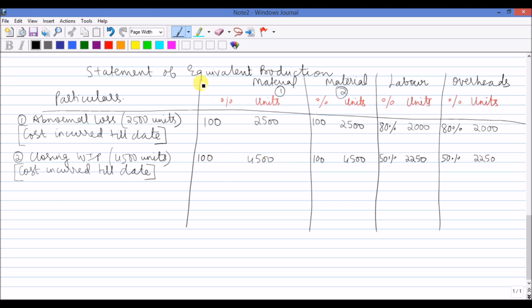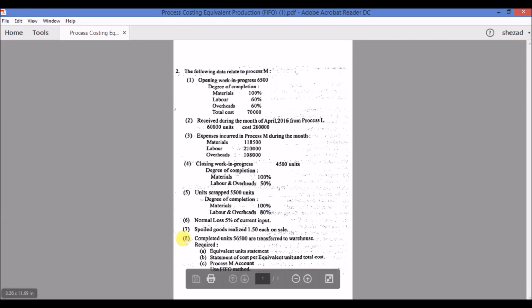Okay friends, remember it is equivalent. Equivalent means it is proportionate to the work done. So we are doing the same thing the statement is telling us to do. Prepare a statement of equivalent production means prepare a statement which is proportionate to the work done, to the work completed. And this is what we are going to prepare.